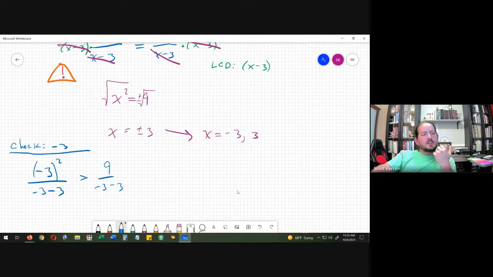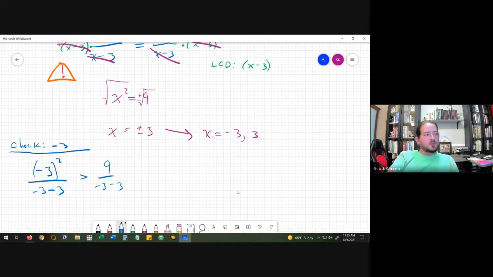You can see that this is going to be true. Negative 3 squared is 9, and negative 3 minus 3 is negative 6. This should be equal to 9 over negative 6, and obviously it is. They're the same fraction. So we can call this one good.